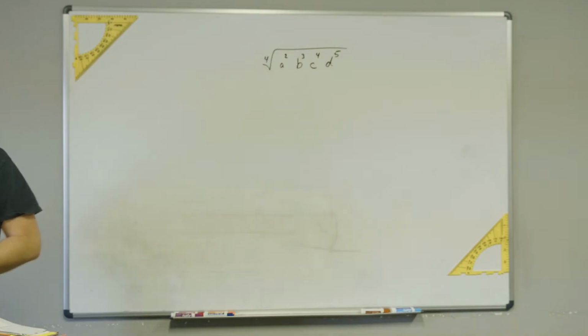Simplify. Now we can just not have to worry about the C. We put it in fractions: A to the 1/2, B to the 3/4, and D to the 5/4.